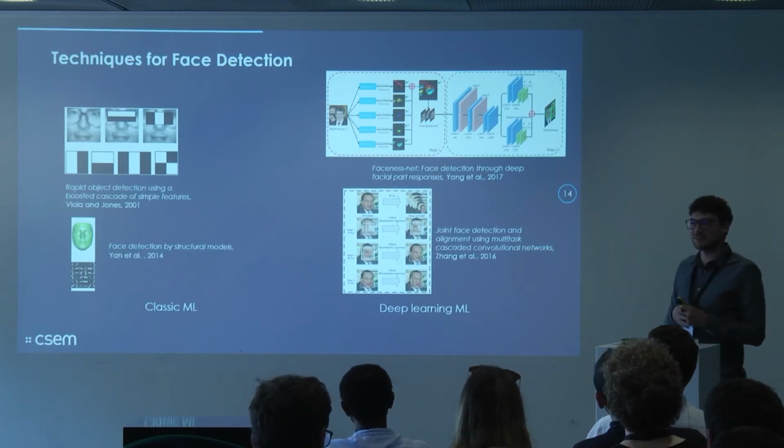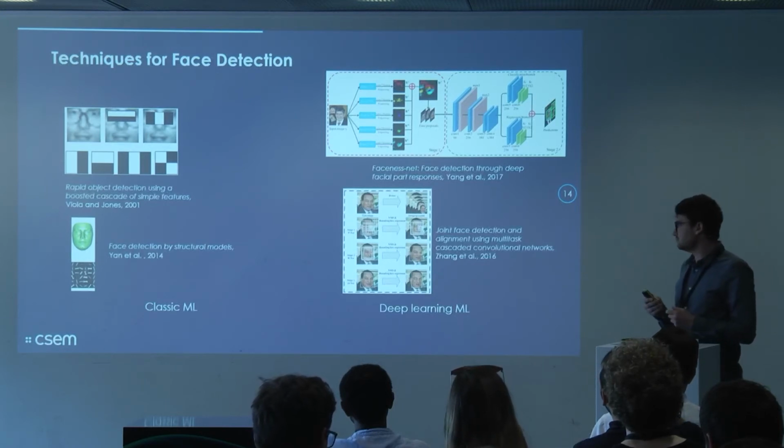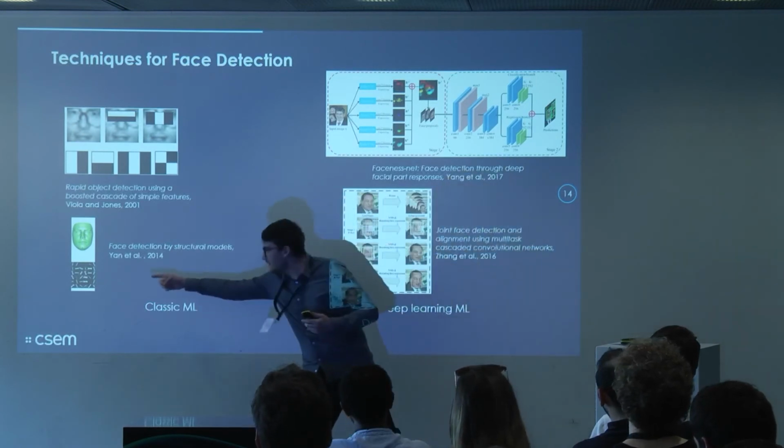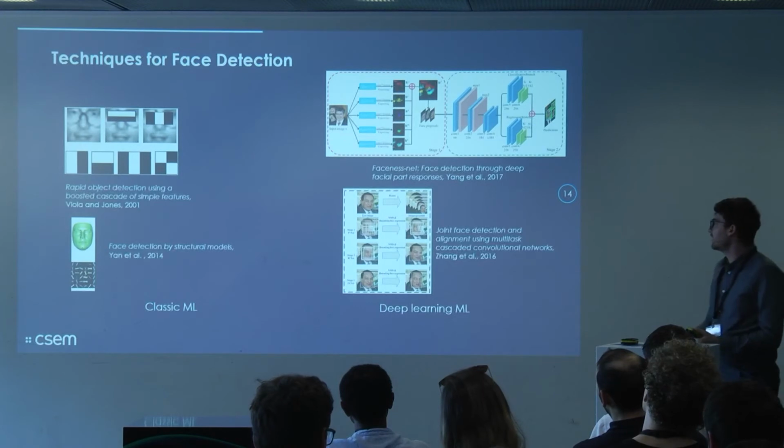You use filters and convolutions, and you observe the response of the filters to detect the face, and you have responses that are equivalent to this image below, and the work of Yan and colleagues in 2014.